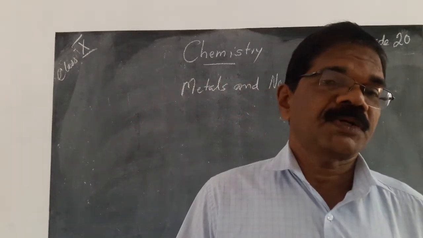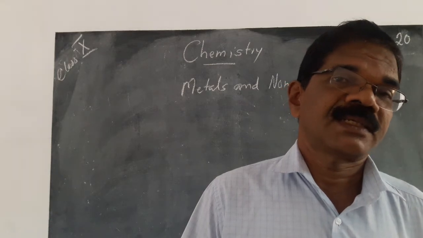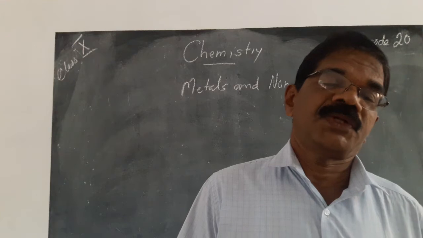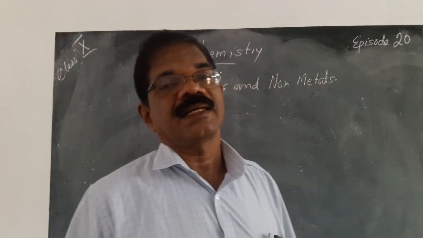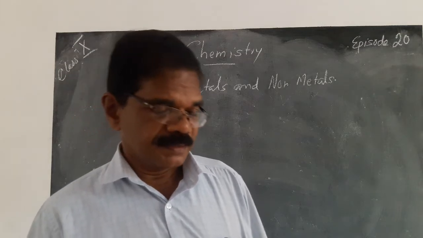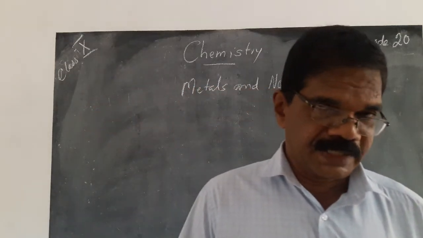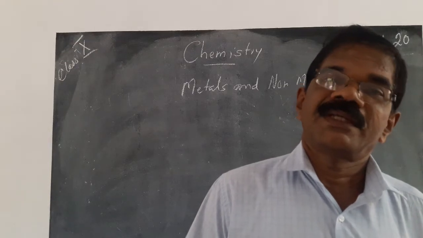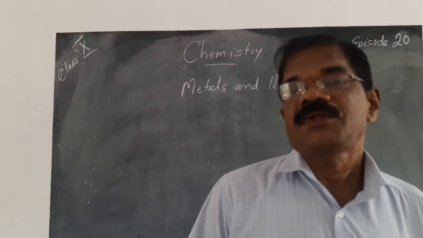The first and foremost classification is that elements are generally classified into metals and non-metals. In this chapter, we are going to make a detailed study about metals and non-metals.